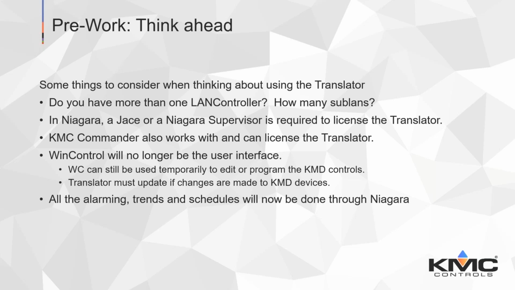Here with the translator, whenever it gets a BACnet request, it's going to push out a KMD request, and we have to wait on that token to go around that network before Niagara gets an answer back. If I have a larger network and that token's going slower, Niagara might not get a response in the time that it expects. So while the translation may be working and the data might be coming through, Niagara might be expecting it faster than the translator could actually give it.